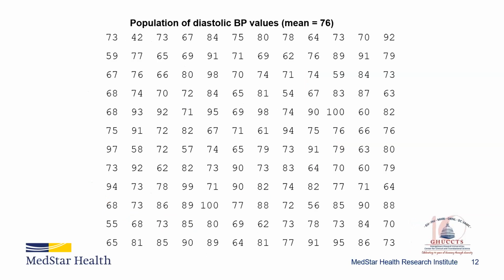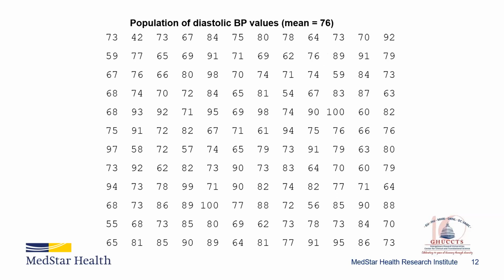I'd like to illustrate this with actual numbers. Let's say this is my population of blood pressures. It turns out the mean of all these numbers is 76. So we have a mean blood pressure of 76.